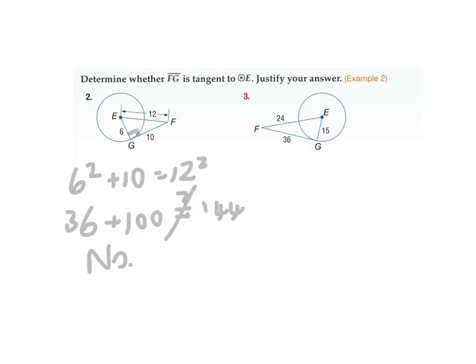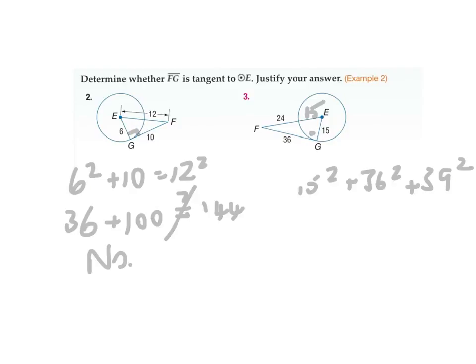Okay, what about this guy here? Well, again, don't forget that the radius, which is EG, is 15, so this must also be 15. So be careful. Okay, so now we've got 15 squared plus 36 squared equals 39 squared. Okay, there's Pythagoras. Yes, you can do it on your calculator.